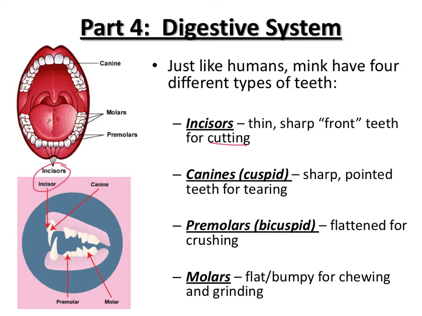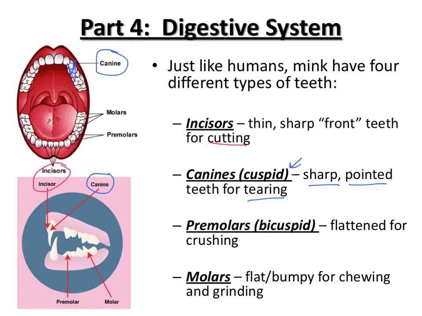The canine teeth are going to be most accentuated in a mink because they are carnivores. These are the most effective for hunting animals. Canines are also sometimes called cuspids, and they are the sharp, single-pointed teeth that you use for poking and tearing. Human cuspids are not well drawn here in this picture, but they're actually pretty sharp too. Those are your vampire teeth.